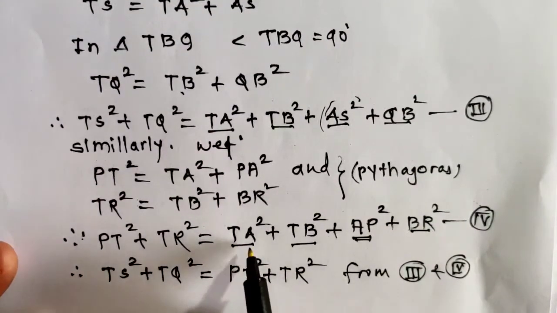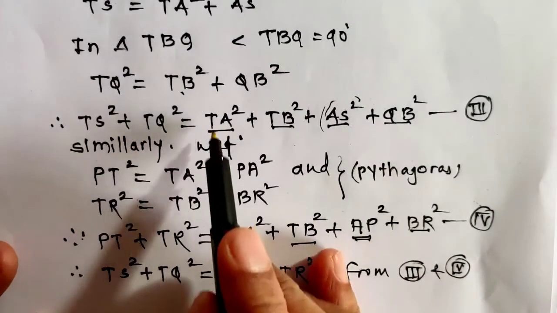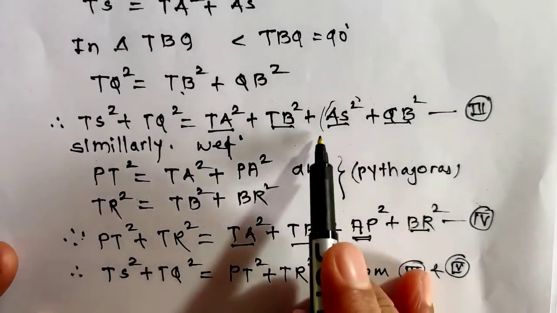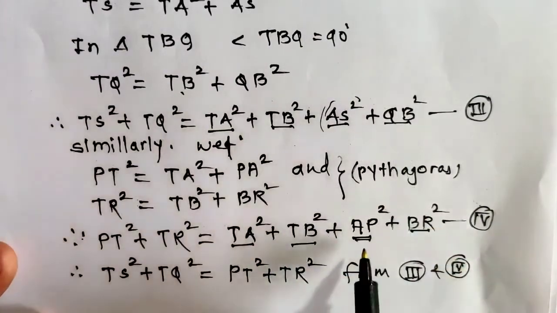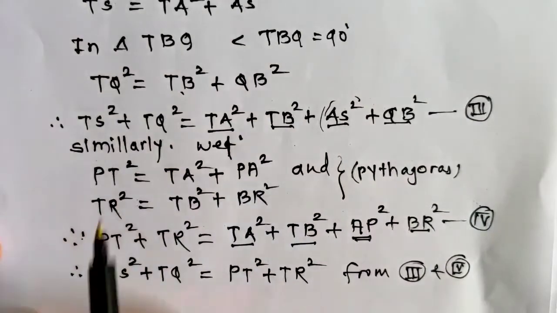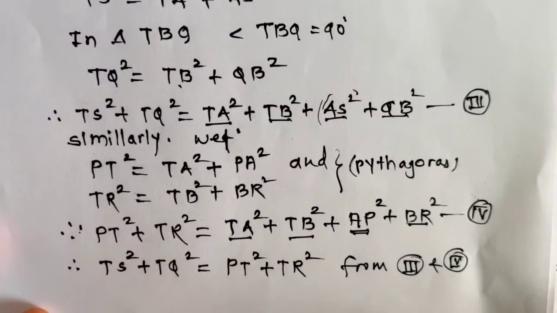So TA square plus TB square plus AP square plus BR square. Now here TA square is the same term, TB square is the same term, AS and BR are congruent, therefore these are the same terms. QB and AP are congruent. So right hand sides of both 3 and 4 are equal, therefore left hand sides must be equal. So in this way we prove TS square plus TQ square is equal to PT square plus TR square.